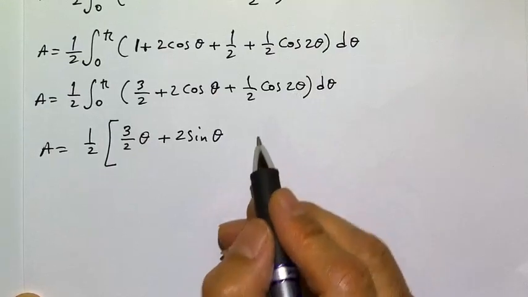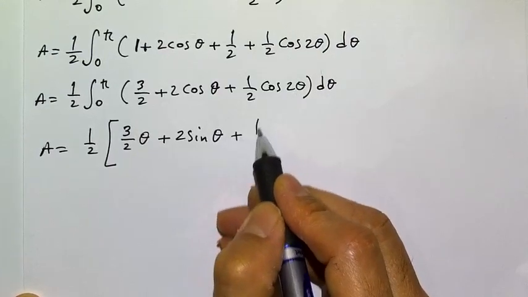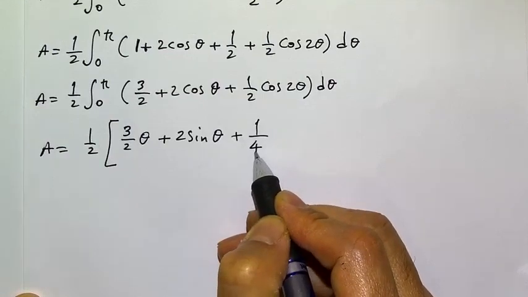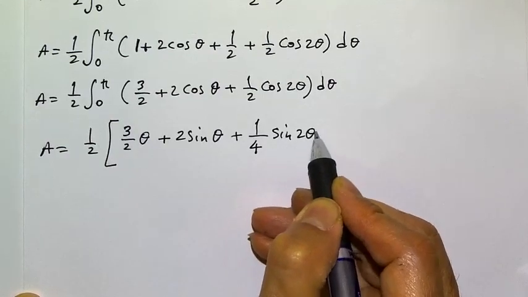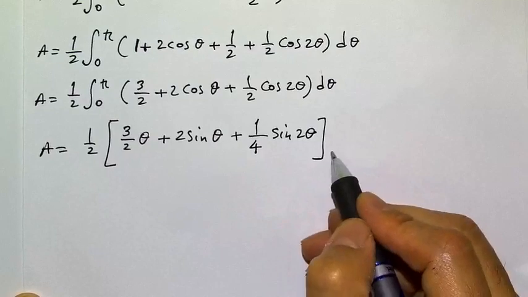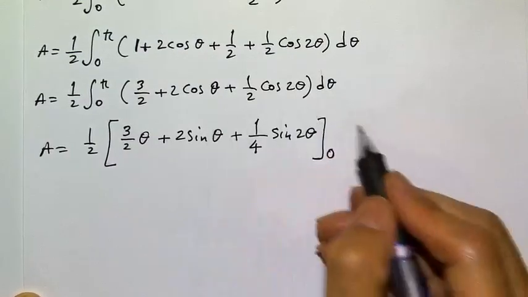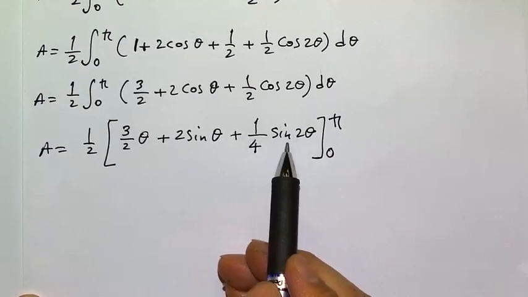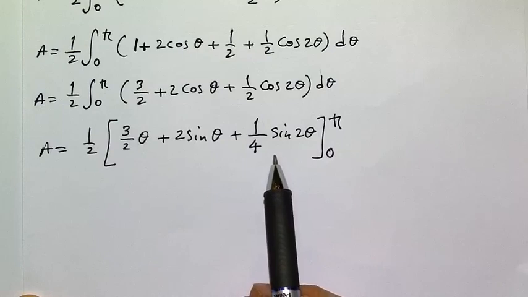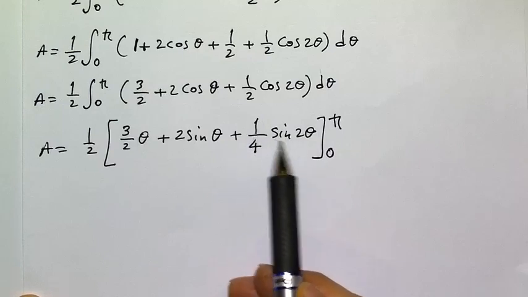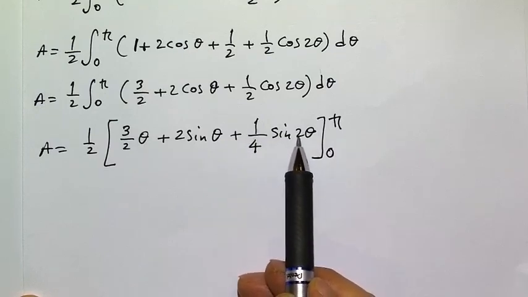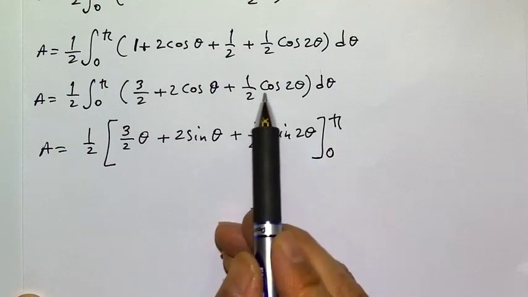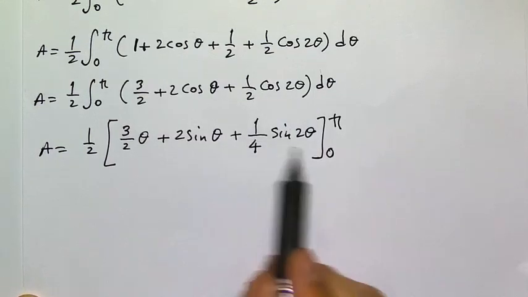So overall we're going to have plus 1 over 4 sine 2 theta, from 0 to pi. Okay. So if you take the derivative of this, do you get that? Yes. 1 over 4 times cosine 2 theta times 2 by the chain rule, we get 1/2 cosine 2 theta. So everything is good there.